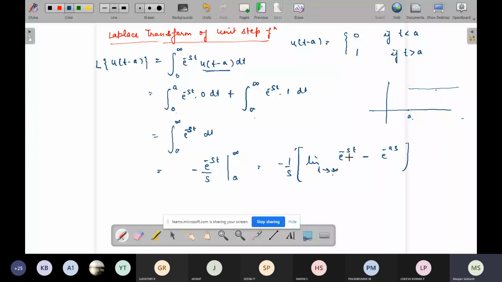When t tends to infinity, its value is 0. So directly write 0, and it is e power minus as by s.